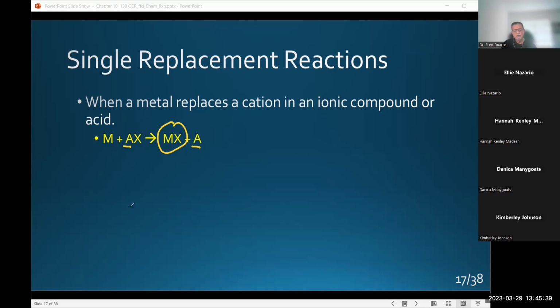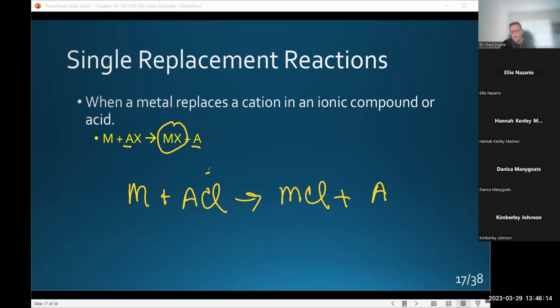And for argument's sake, let's just say that M reacted with A chloride, okay? And so we exchange partners and you end up with M chloride plus A. Now, we know that the chlorides have a -1.